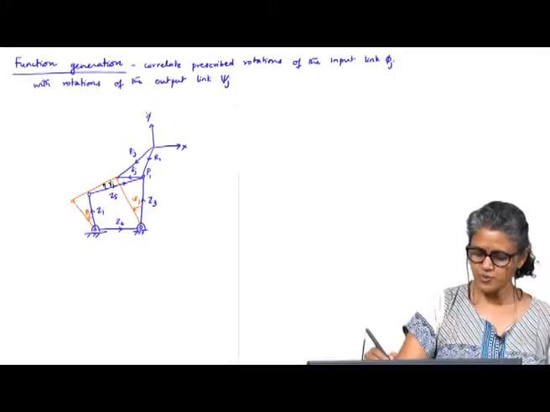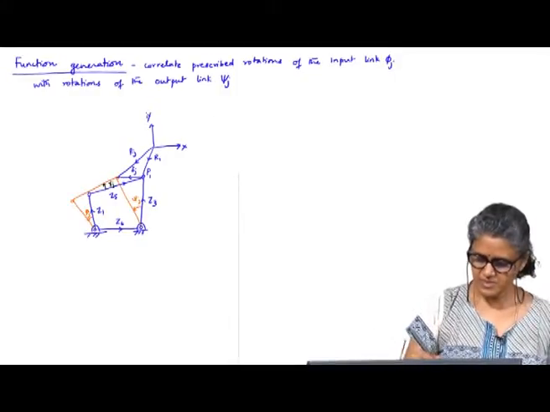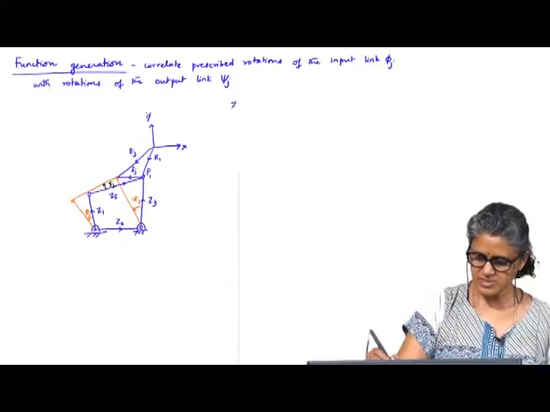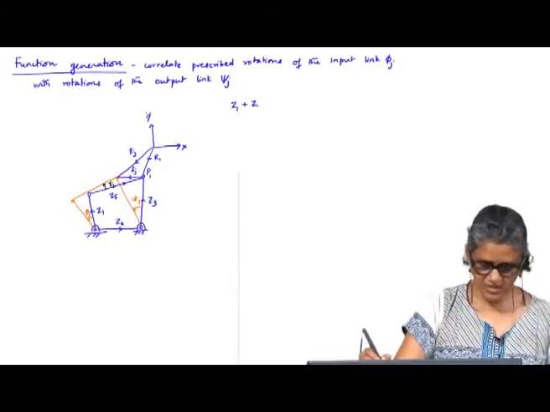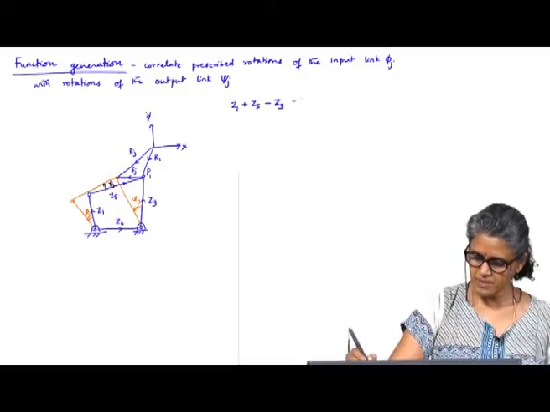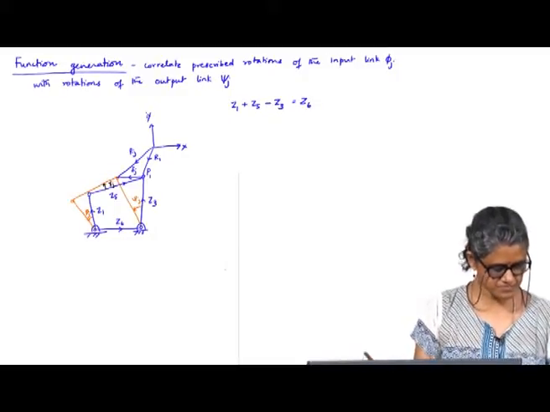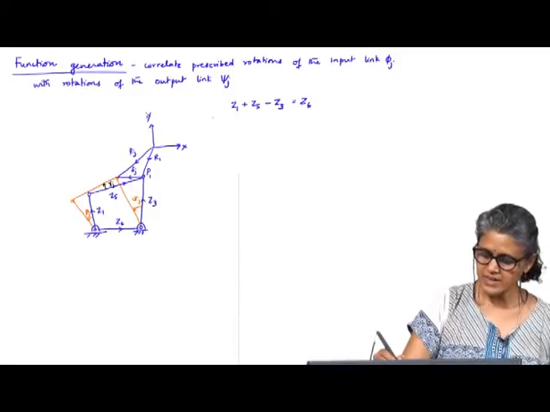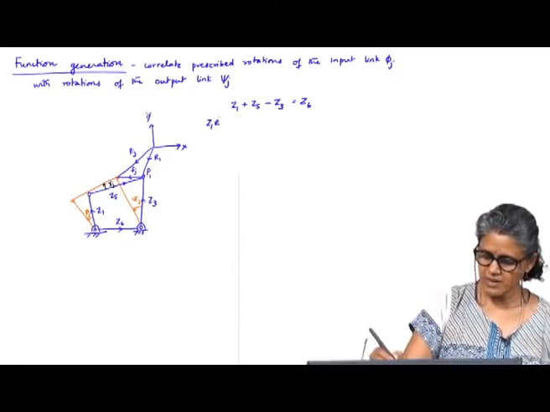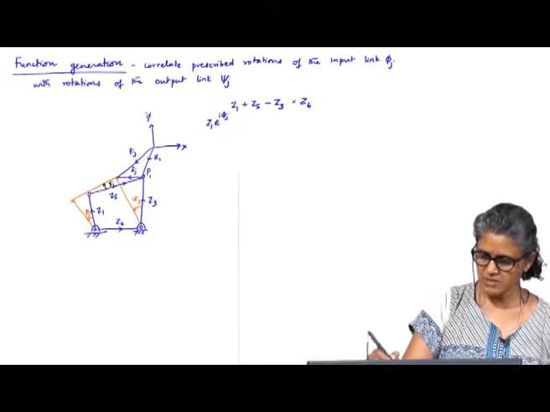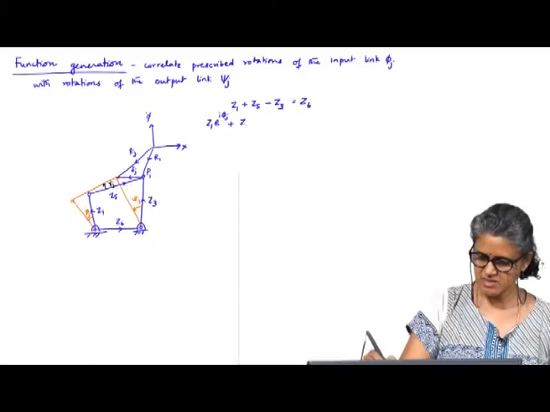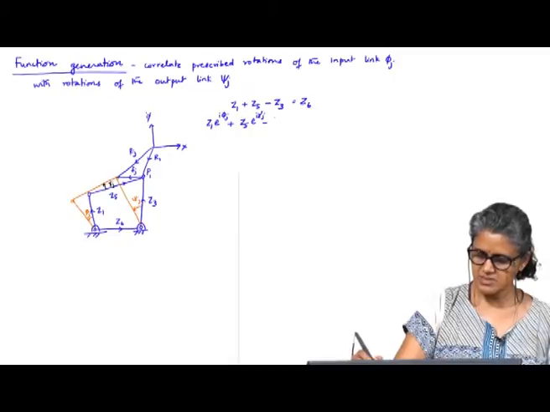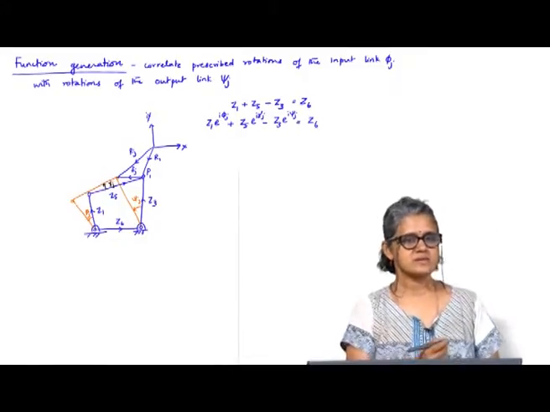So I can write my loop closure, just for the 4 bar, as Z1 plus Z5 minus Z3 equal to Z6. Then I can write it as Z1 e power i phi j plus Z5 e power i gamma j minus Z3 e power i psi j equal to Z6, which does not rotate, it is my fixed link.